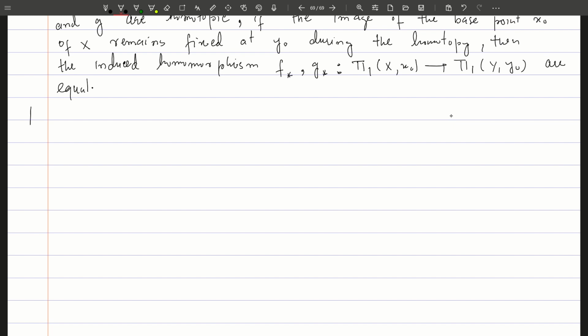So we had to prove. We are given these two maps are homotopic. So there is a homotopy between these two maps.